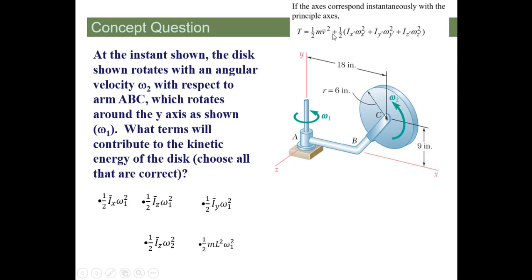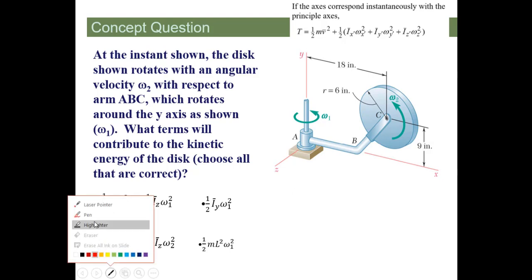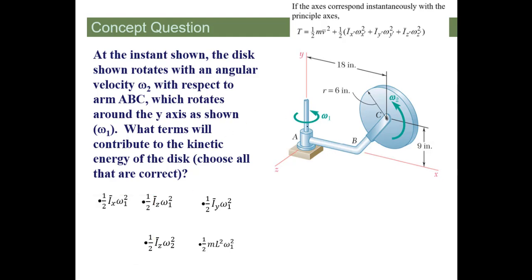So again, our kinetic energy is what the center of the thing is doing. And now we have Ix omega x squared, Iy omega y squared, Iz omega z squared. So what is x, y, and z versus 1 and 2? Let's go ahead and draw on this a little bit. Okay, so what direction is omega 1 in?